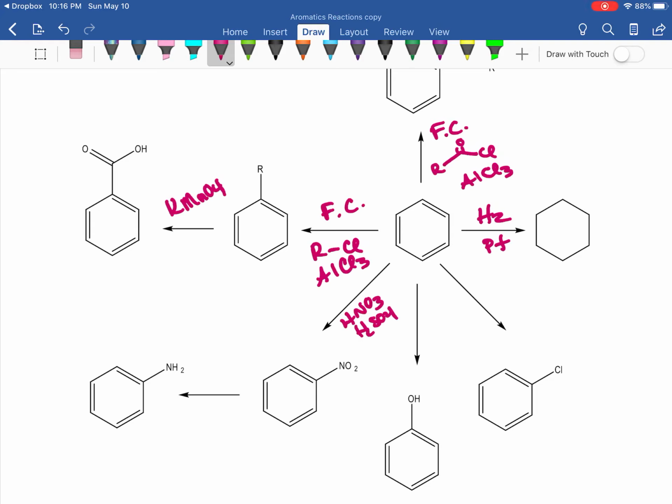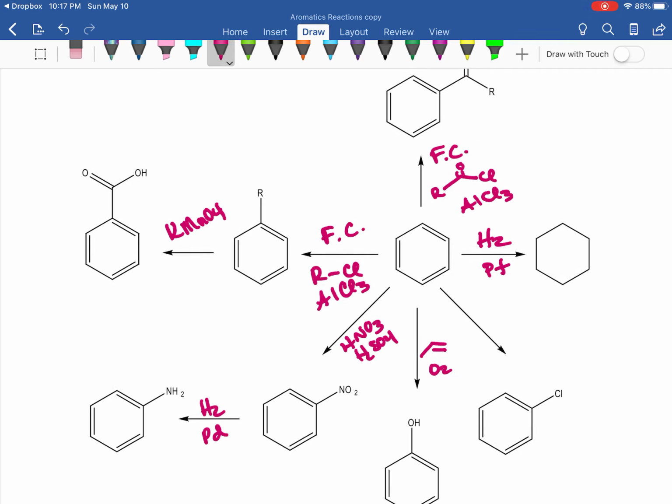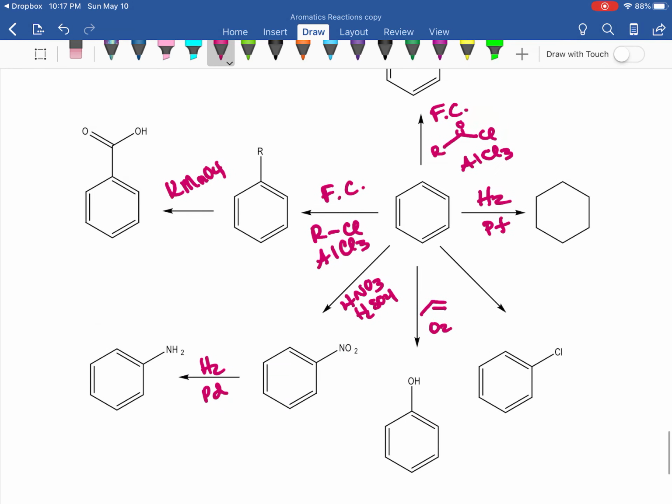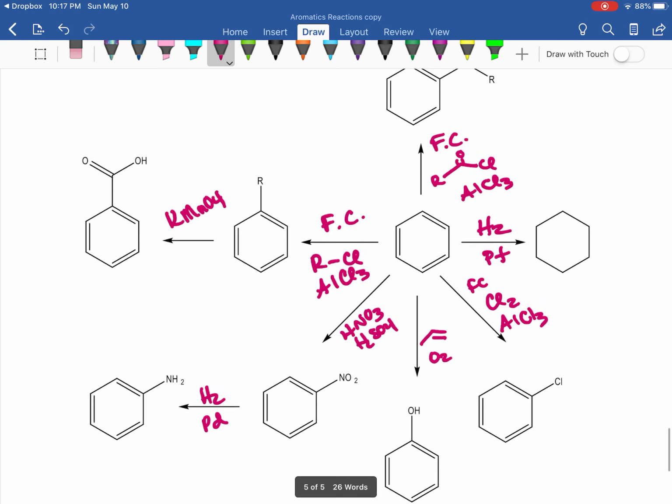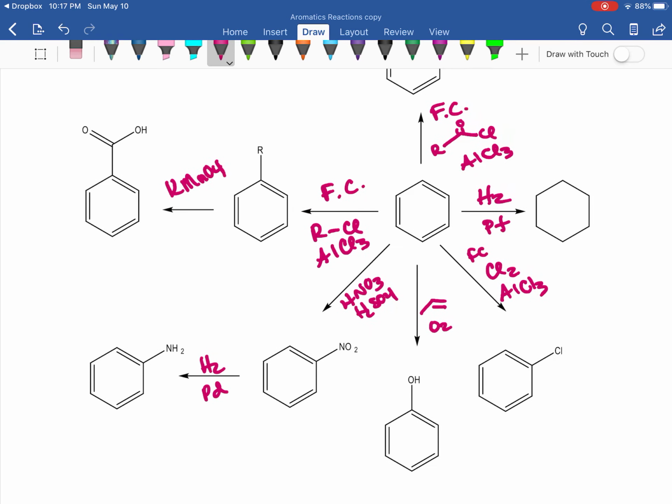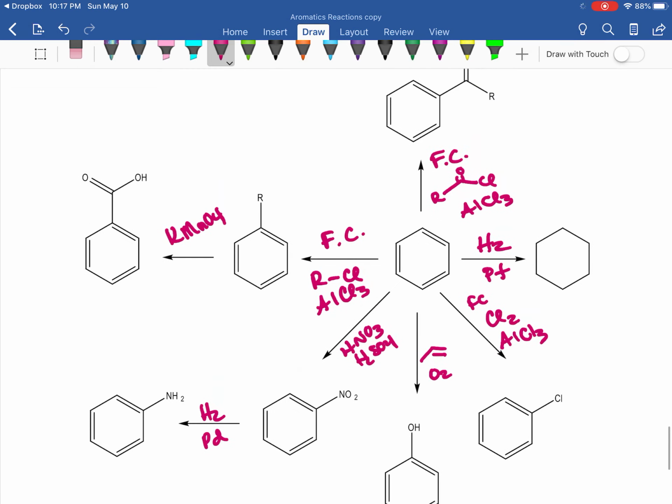Okay, awesome. Oh, we did the nitration. That would be our nitric acid. And then we can reduce that nitro group to the aniline. And then this was our cumene process. And then finally, how did we add chlorine? That is also our Friedel-Crafts, and that is like this. Okay, that's our little aromatic flow chart.